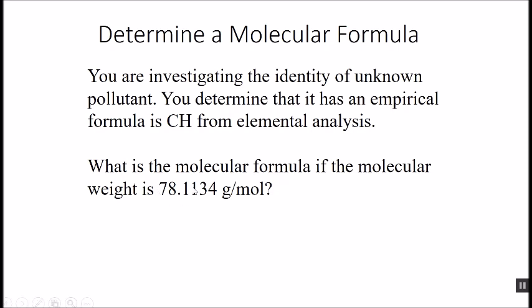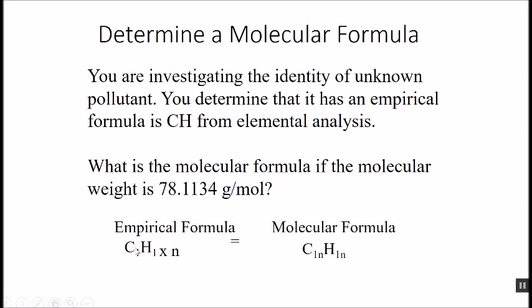If this is the molecular formula weight, but its empirical formula was just CH, so what are we going to need to do? To go from our empirical formula to our molecular formula, we need some factor, the ratio between the empirical formula weight and the molecular formula weight. Well, how did we get that before? We took the ratio of the molecular weight to the empirical formula weight. So let's try that.